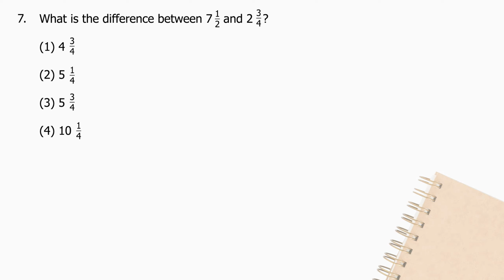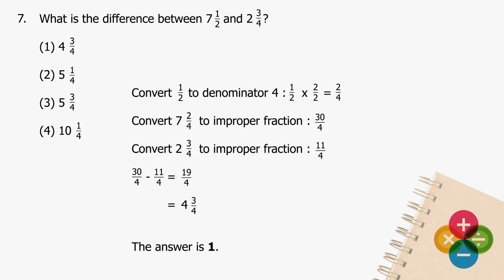Question 7. What is the difference between 7 and 1/2 and 2 3/4? Convert 1/2 to denominator 4 will be, multiply 1/2 by 2, and the product is 2/4.